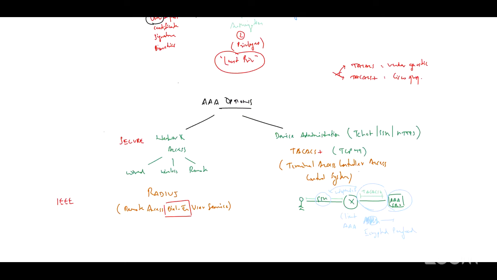IEEE standardized the use of Radius to carry authentication traffic. They standardized a method to implement EAP, Extensible Authentication Protocol.